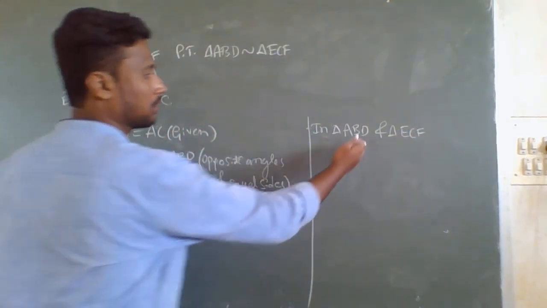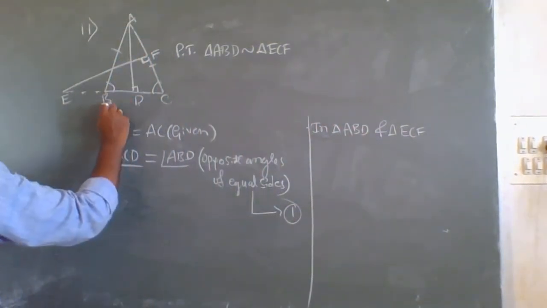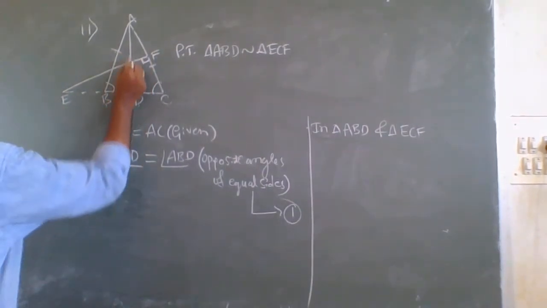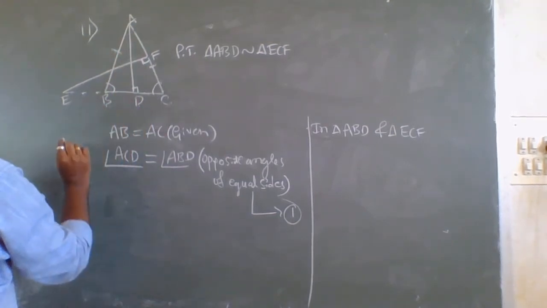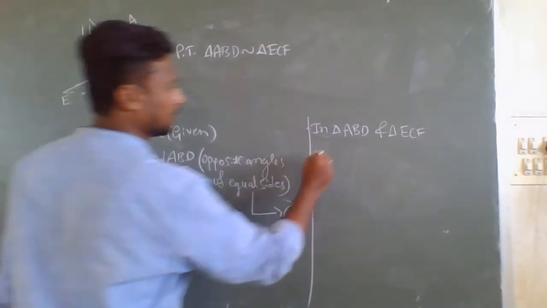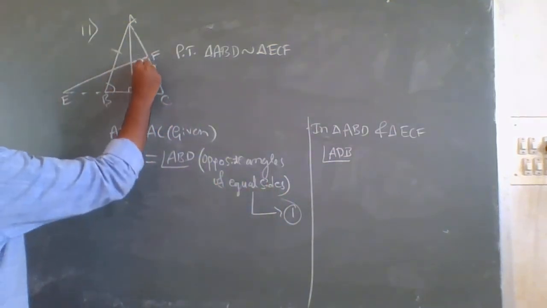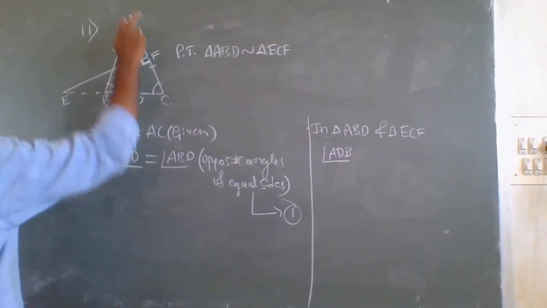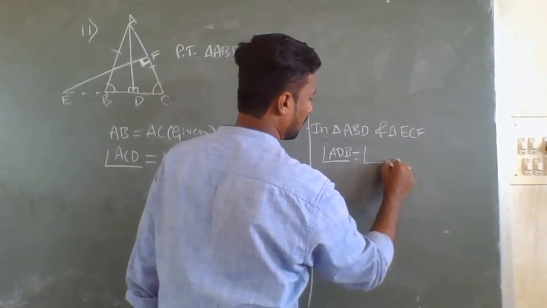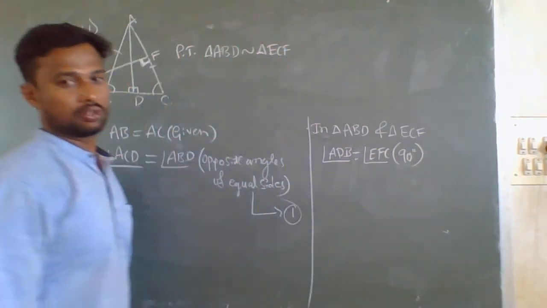We have to prove these two triangles are similar. Here AD is perpendicular to BC, which means angle ADB is 90 degrees. And EF is also perpendicular to AC, therefore angle EFC is also 90 degrees.